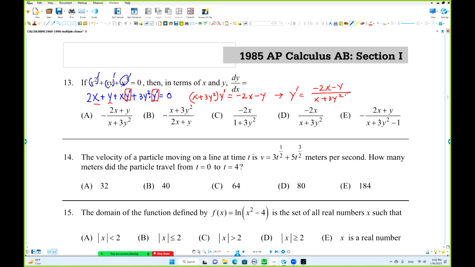The minus moves to the front: negative the quantity 2x plus y, because that is minus 2x minus y. This is an equivalent form: negative 2x plus y over x plus 3y squared. Choice A is the answer.